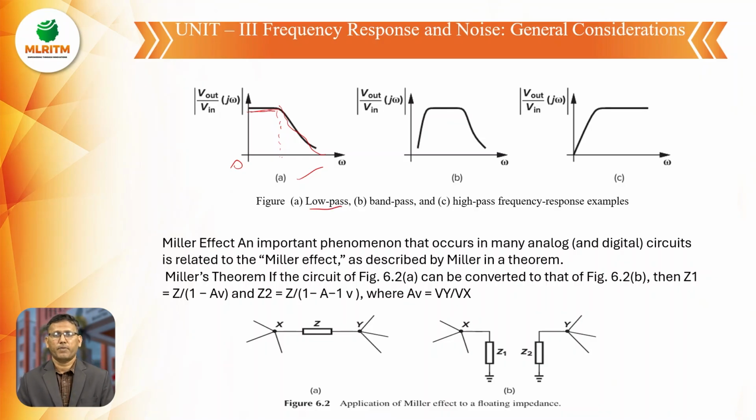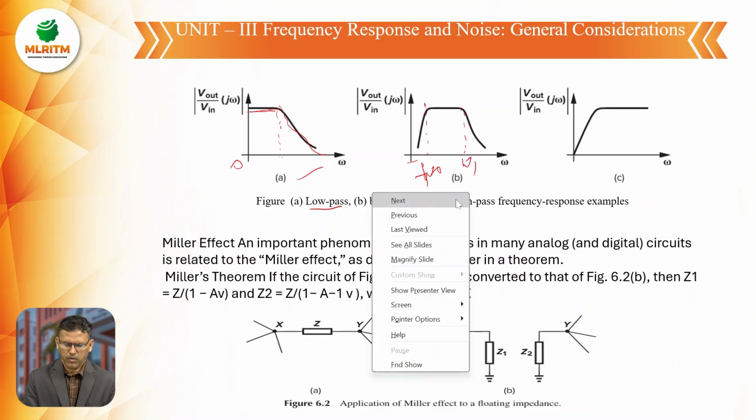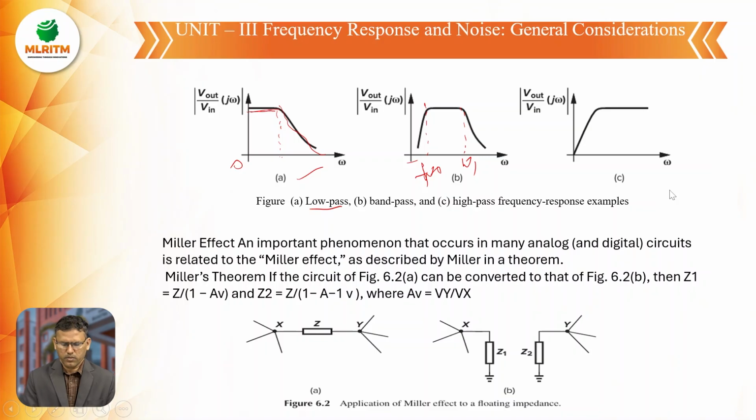Similarly, consider the band pass filter. Suppose here omega naught and here omega 1. From omega naught to omega 1 we can observe the band of frequencies.